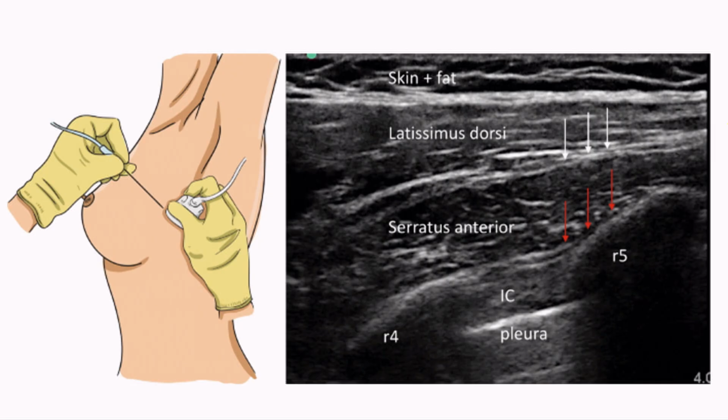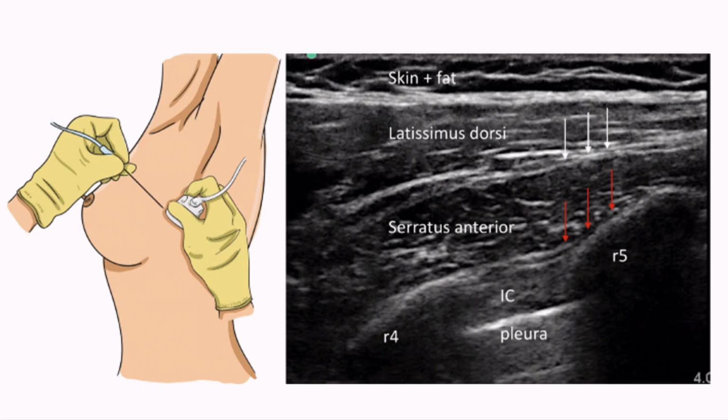You want to see the latissimus dorsi joining into the axilla, the latissimus dorsi tapering down. This is the ideal view with an artery exactly in the center. Can someone identify this artery? Thoracodorsal artery.